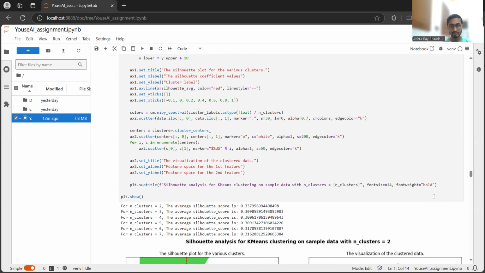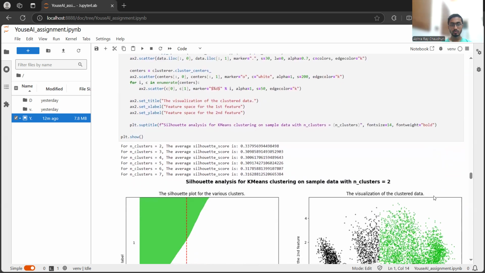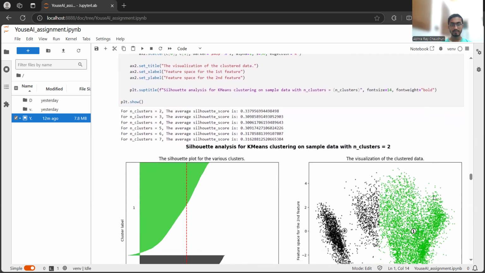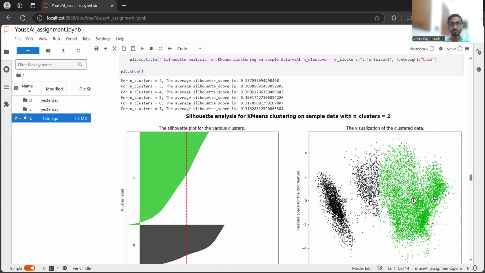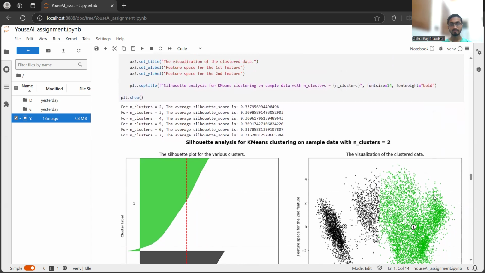After that, n cluster equals 6 has the second maximum silhouette score. It is 0.3178.